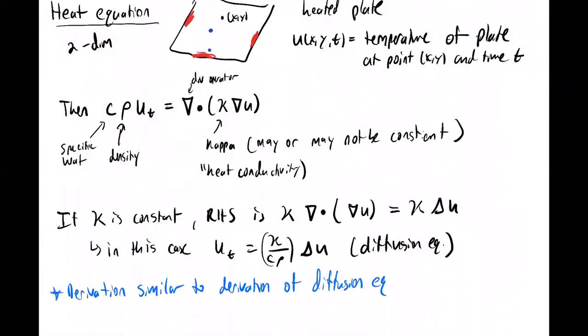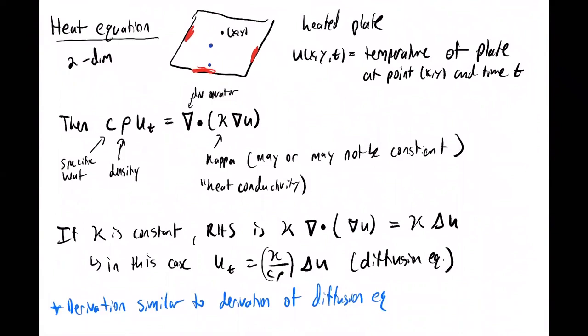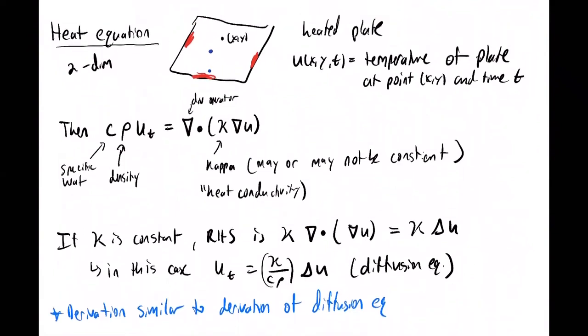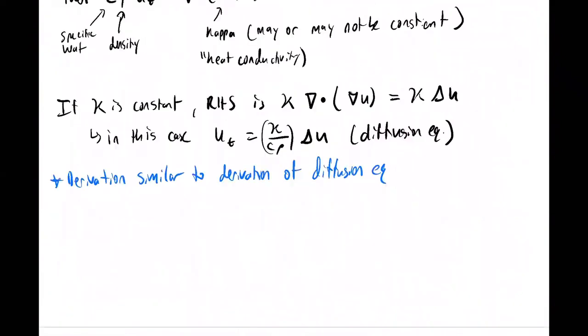Okay, and so finally, I also want to mention one more variant of the heat and diffusion equations, which actually turns out to be related to the wave equation as well. This is something called Laplace's equation.